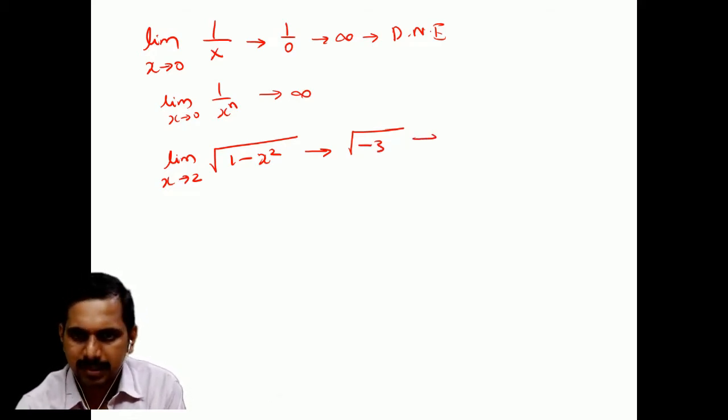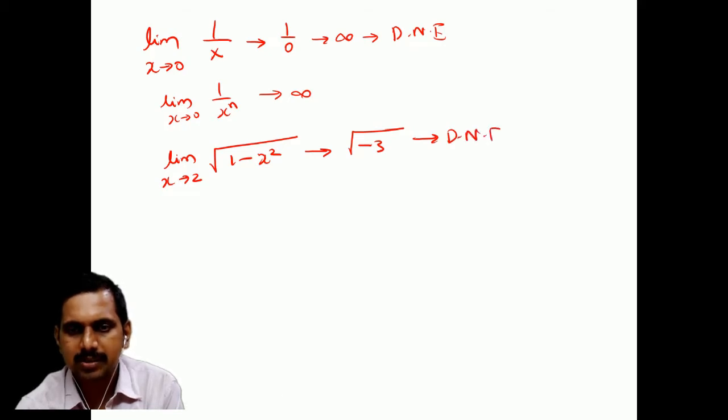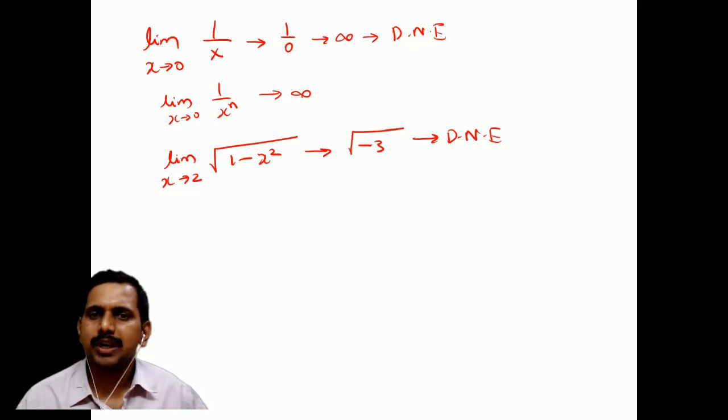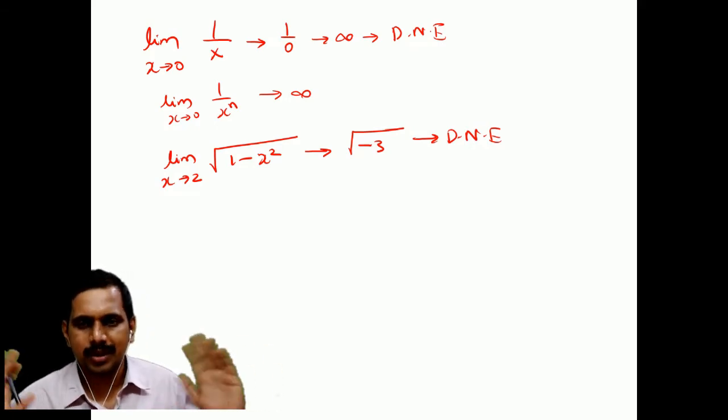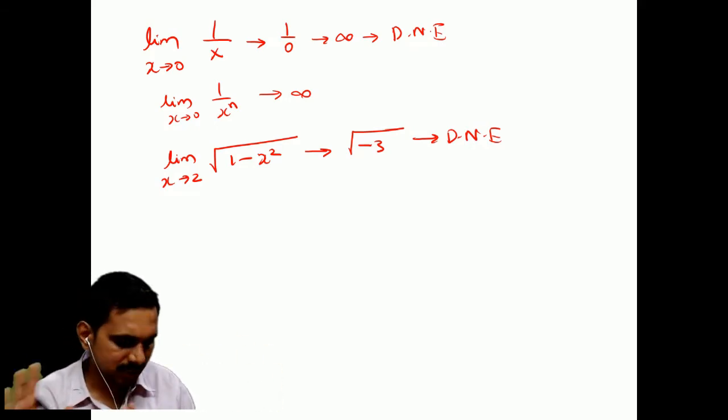So you can say it does not exist. As a limit, complex values don't exist, since imaginary numbers are not real numbers.